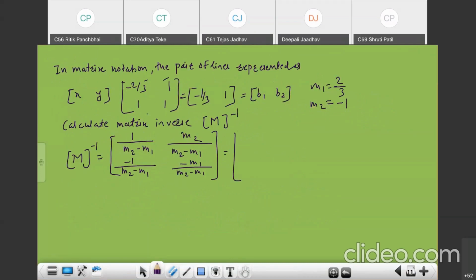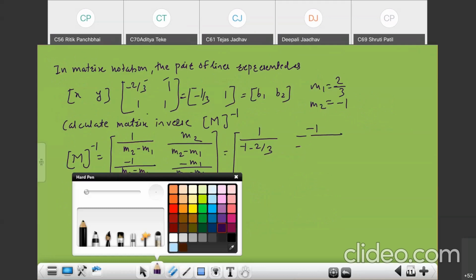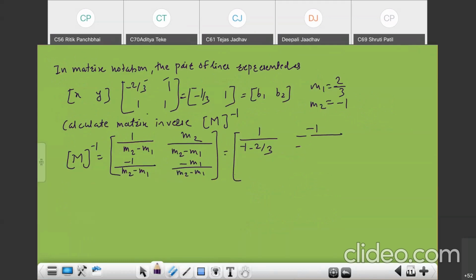So it is 1 divided by m2, which is minus 1, divided by minus 1, and minus m1 means minus 2 by 3.